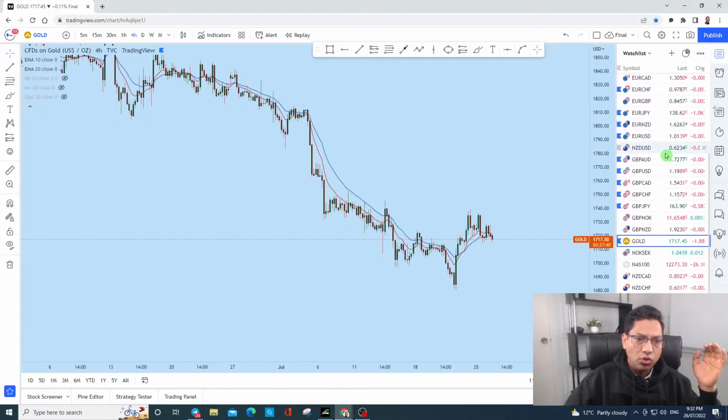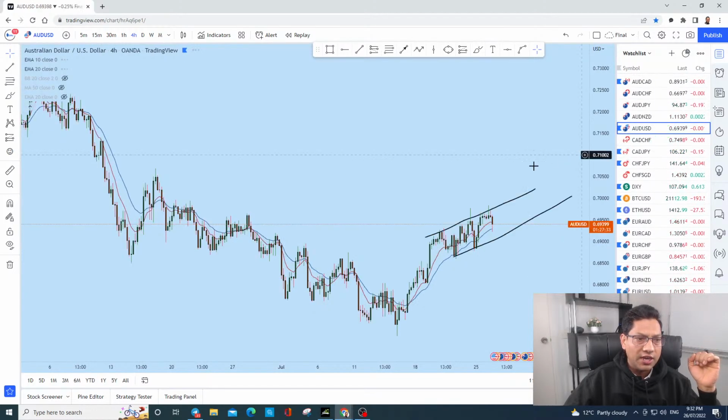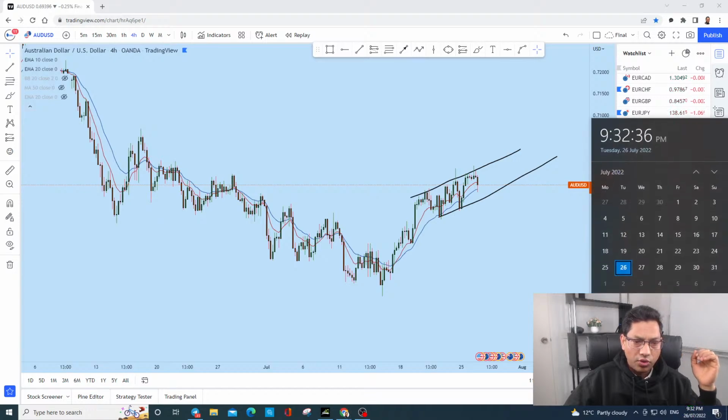Some of the pairs are showing very interesting price action. It looks like the dollar suddenly got a little bit stronger, and we need to see what's happening. As you know, this is almost the end of the month. If we look at the calendar, this is the last week of the month, so as soon as the weekly candle and also the monthly candle close, there will be a new monthly candle.